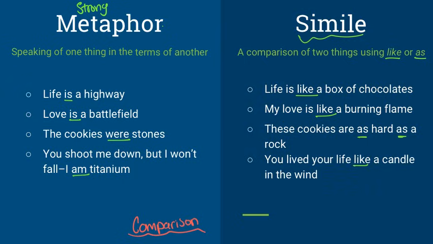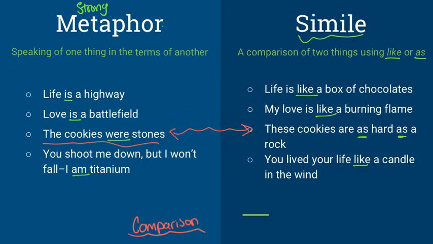So the two that I think are pretty similar are the cookies were stones, the cookies are as hard as a rock. I'm essentially saying the same thing there. One of them is done in a little bit more of a concise manner, which is this one. And by concise, I mean it's just cleaner, it's shorter. The cookies were stones. But the other one, I have to explicitly say these cookies are as hard as a rock.